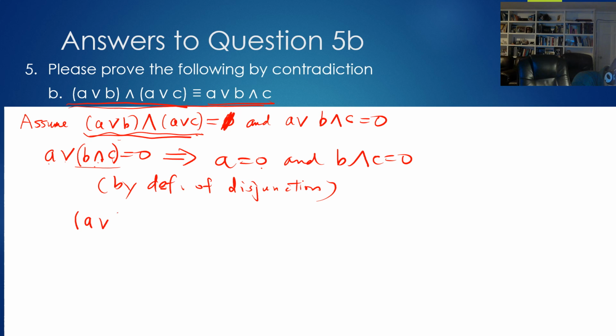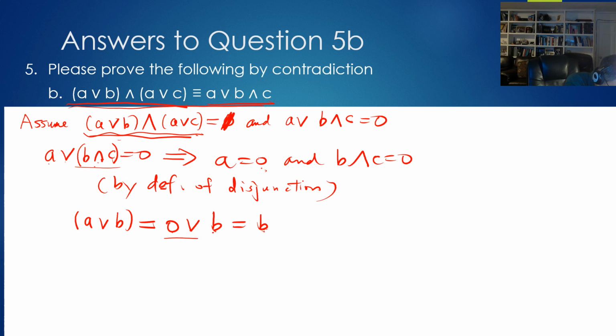Let's try to evaluate this one. A or B. A is 0, so it's 0 or B, right? Now 0 or B by definition is the same as B. You can verify this very easily because that's an OR. Because this is 0, if B is 0, then you got a 0. If B is 1, you got a 1.